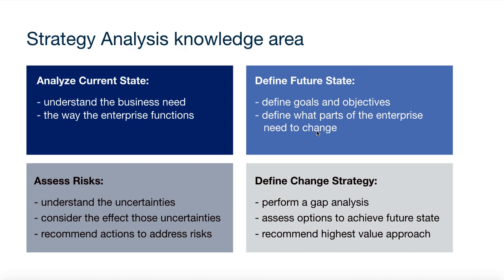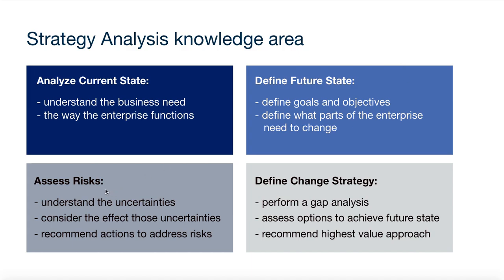With every change there would be some effect, someone needs to change, someone has to do something. So you need to come up with a clear picture of all the changes that need to be done, who all need to implement that change, or who all need to change their operations or functions or their processes a bit. So all this is defined as part of the future state.